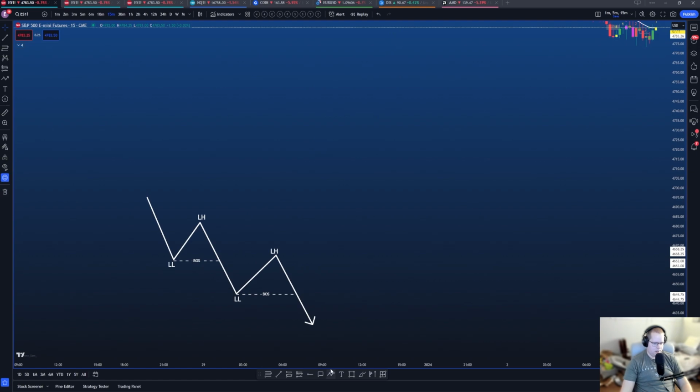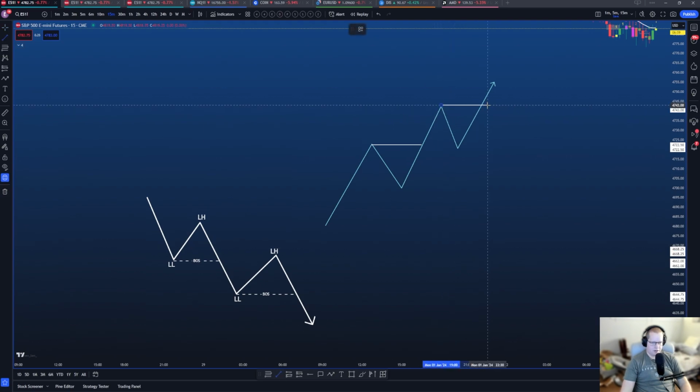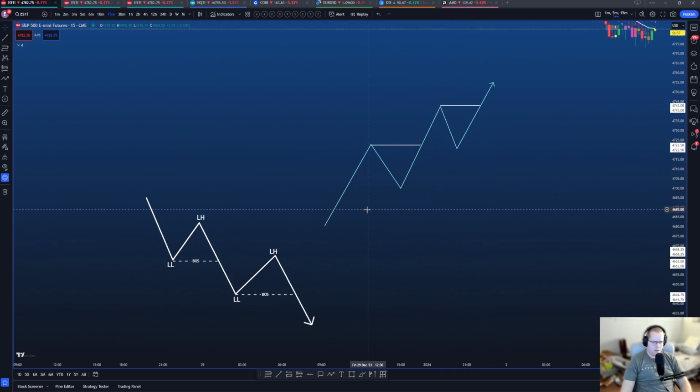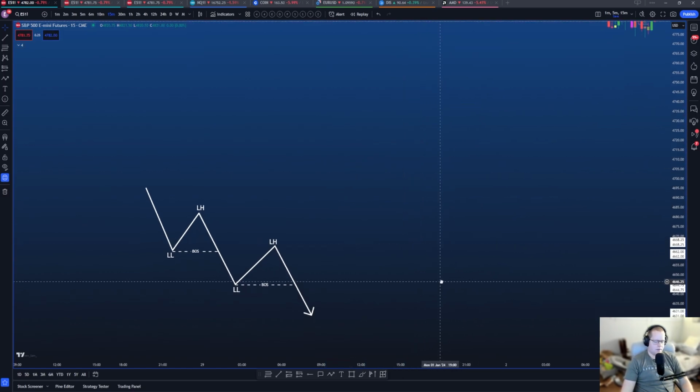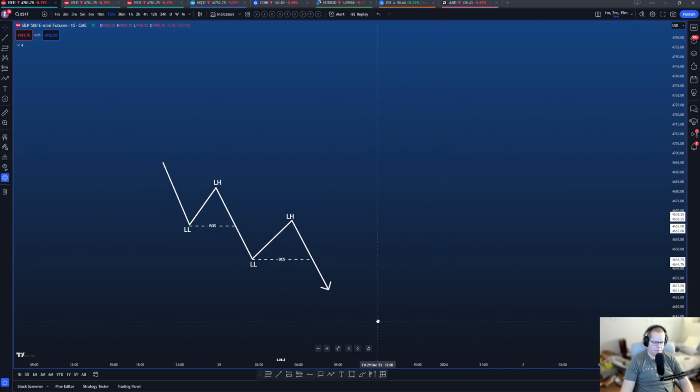If I draw a bullish market structure, here's going to be a break of structure, and here's going to be a break of structure. This could go on forever, and it would always be a break of structure because it is inside of the current market structure. It's very important to know that.